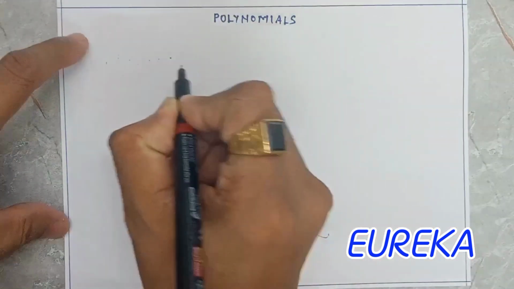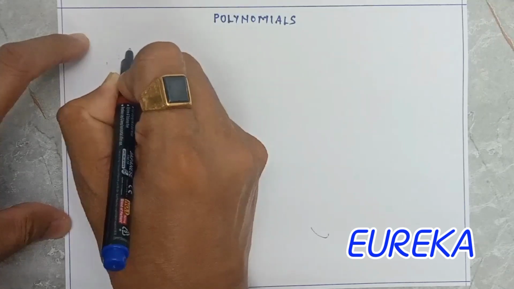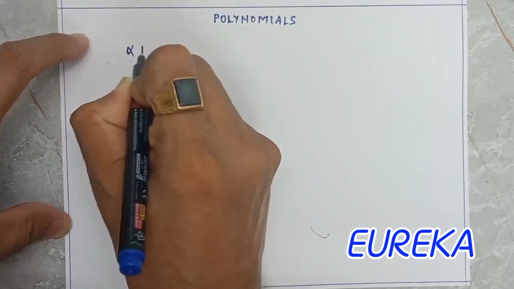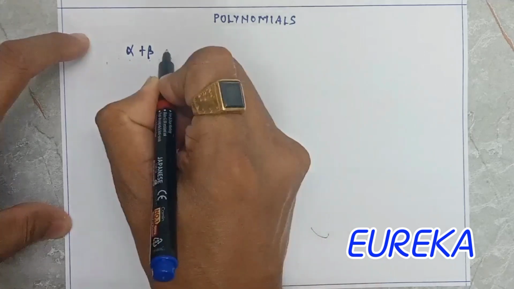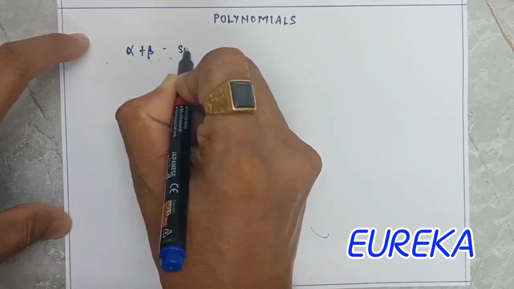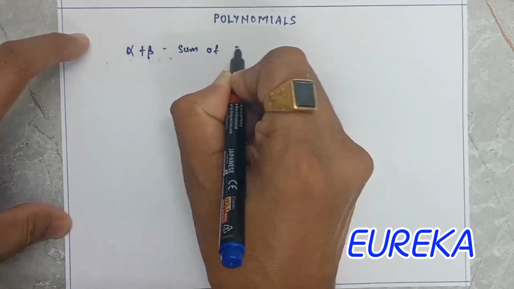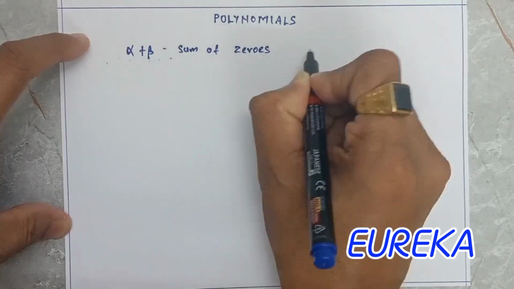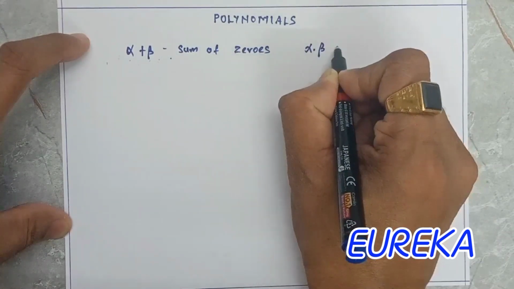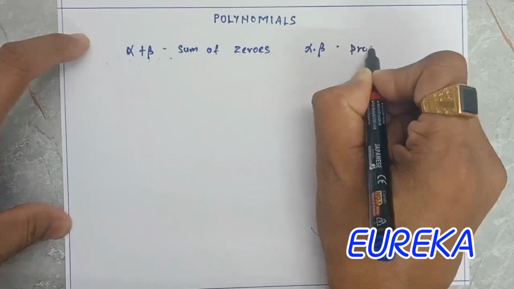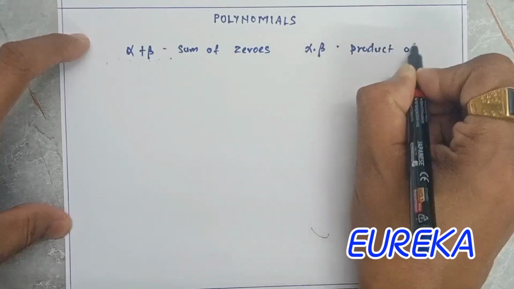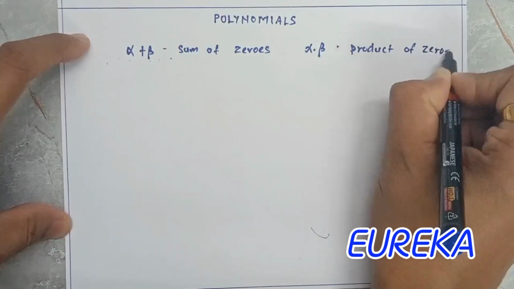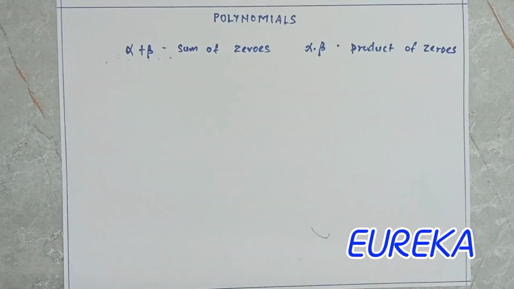In case alpha and beta are the zeros, and alpha plus beta is the sum of zeros, and alpha into beta is the product of zeros, then how can we represent a quadratic polynomial?